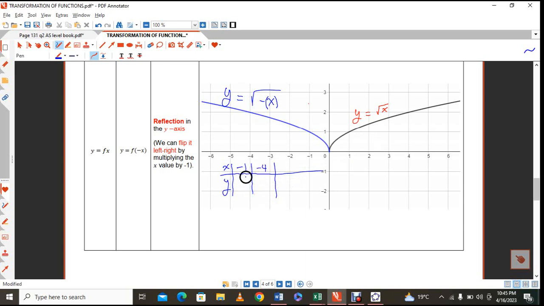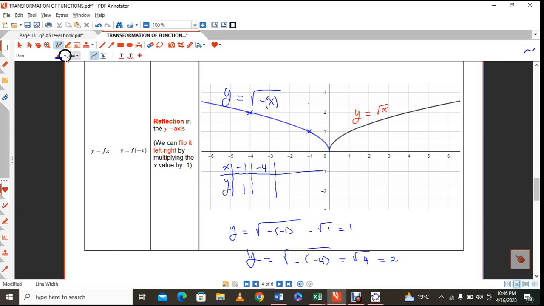If you put -1 in here, that's going to be y equals the square root of negative -1, you're going to get the square root of 1, which is 1. That is why you see the point up there. If I do something similar, y equals the square root of negative, and I choose -4, well, that's the square root of 4, which is nothing but 2. And you can see that the corresponding y value is 2.